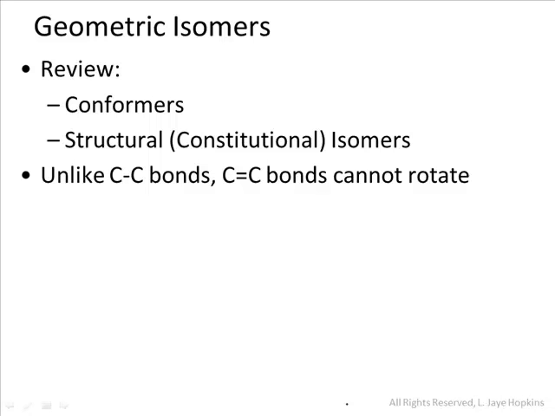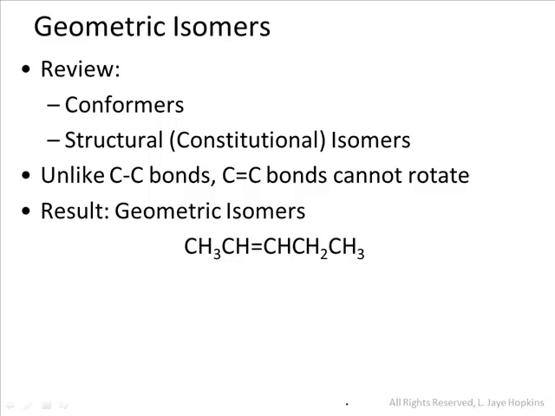This means that when you have a shape or a conformation to a molecule and you put double bonds on that molecule, it's almost like it locks it in place. As a result, we get geometric isomers. Geometric isomers are molecules that have the same chemical formula and the same structure, but they're arranged differently in space.